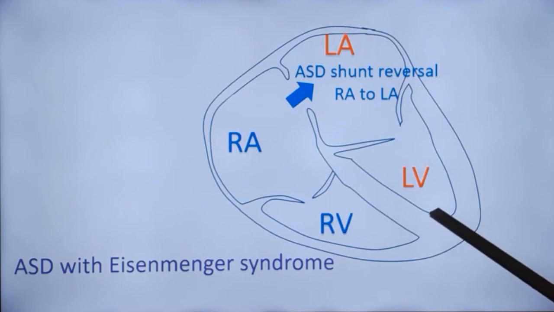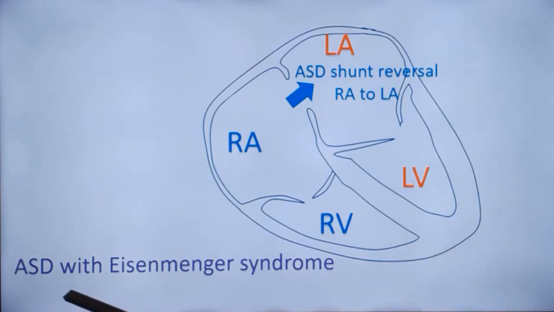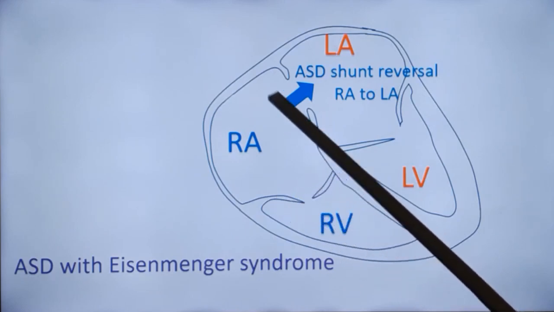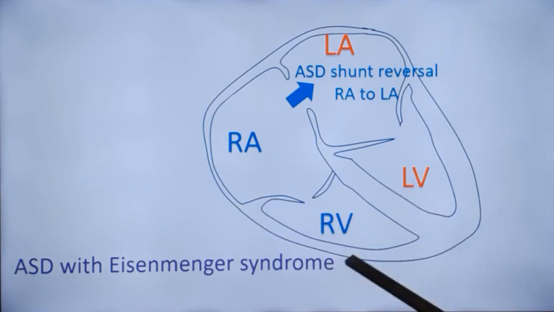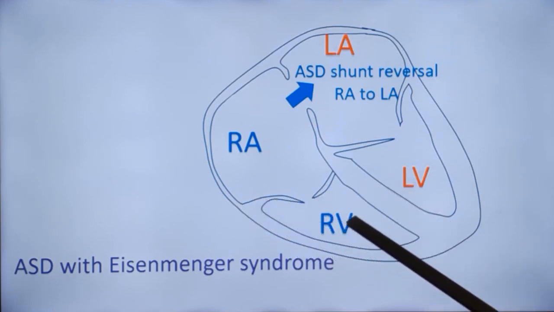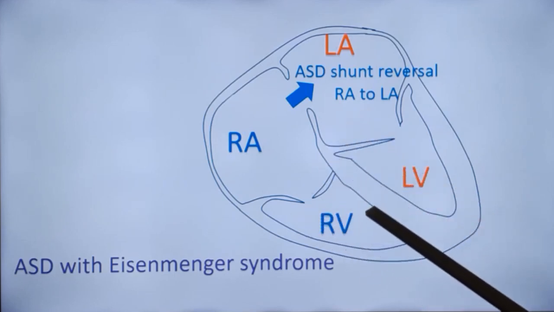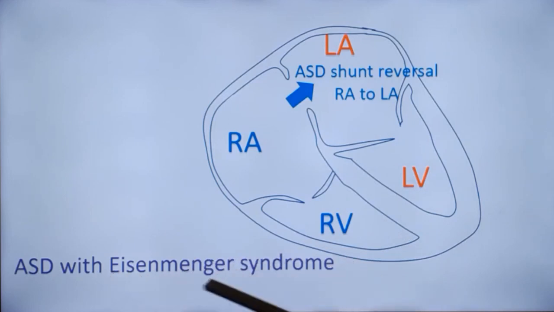So if you see cardiomegaly on X-ray in an Eisenmenger syndrome, most likely it is ASD Eisenmenger, mostly contributed to by the large right atrium, which enlarges towards the right and produces cardiomegaly in ASD Eisenmenger. So two features, one is cardiomegaly, second is suprasystemic pulmonary pressures in ASD Eisenmenger.